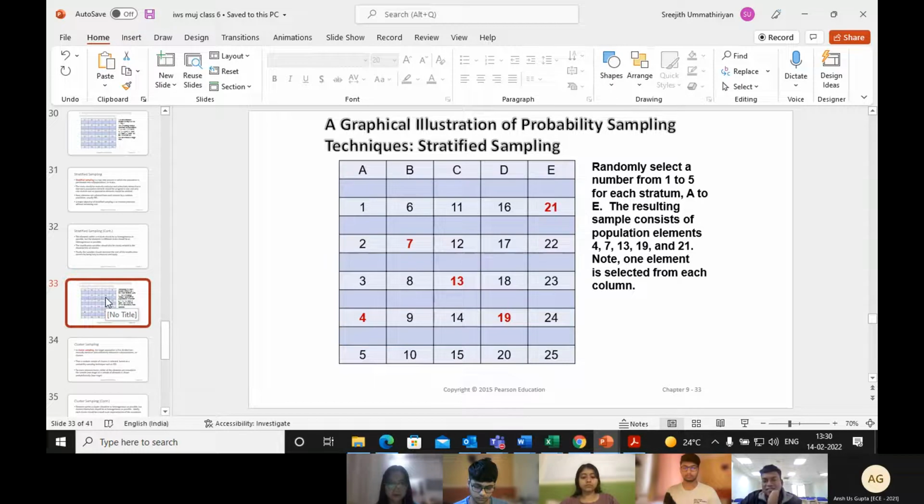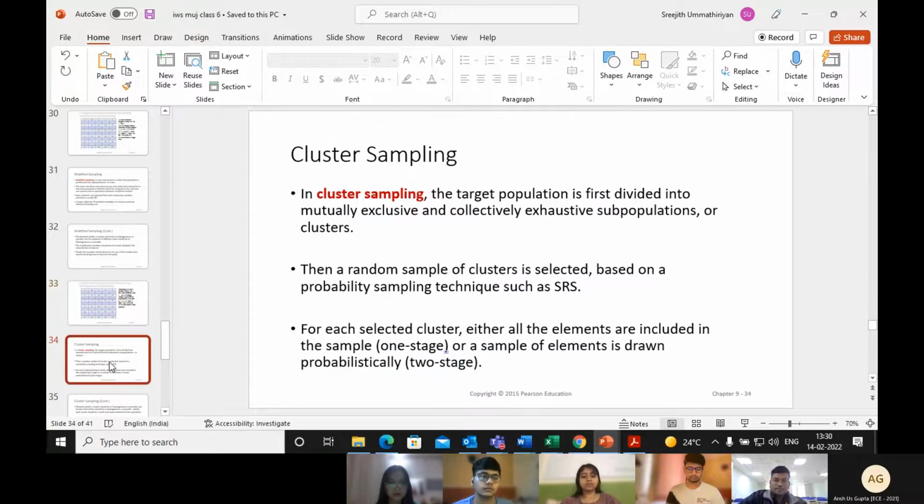So there are 5 different strata here: A, B, C, D, E. You need to make sure that at least one is picked from each of them. So from A you pick 4, from B you pick 7, from C you pick 13, from D you pick 19, and from E you pick 21. Once you form the strata, you can do simple random sampling and pick a single element from each. That is the illustration of stratified sampling.